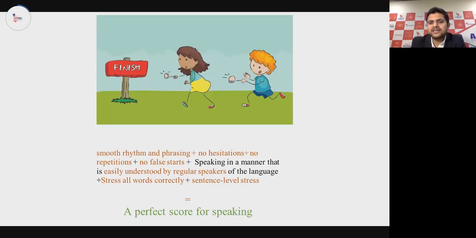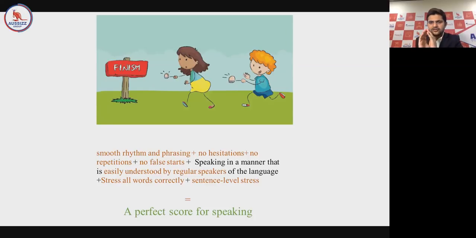That means you do not make any sounds that are non-native, or you do not pronounce the words in a manner that makes it difficult for the listener to understand, or difficult for the speakers of the native language to understand. So this is a sort of balance that you need to maintain.